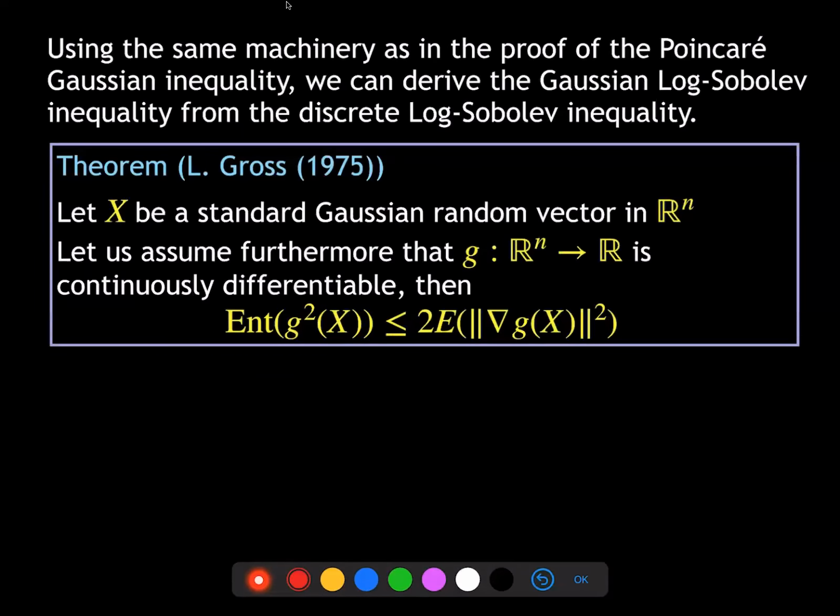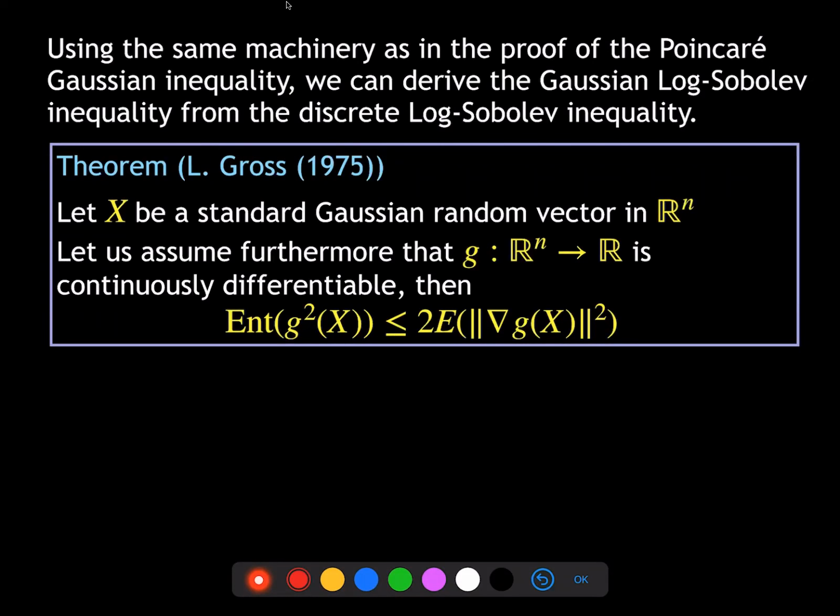So now our goal is to use exactly the same machinery that we have used to pass from the discrete Poincaré inequality to the Gaussian Poincaré inequality. We use exactly the same path in order to turn from the discrete log-Sobolev inequality to the Gaussian log-Sobolev inequality.